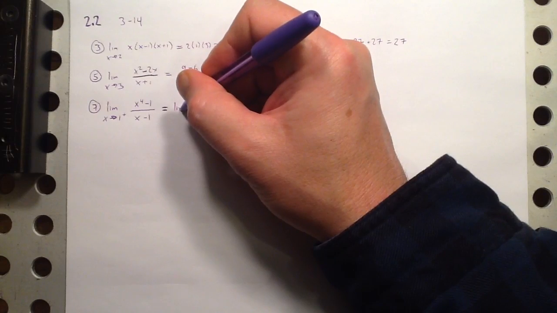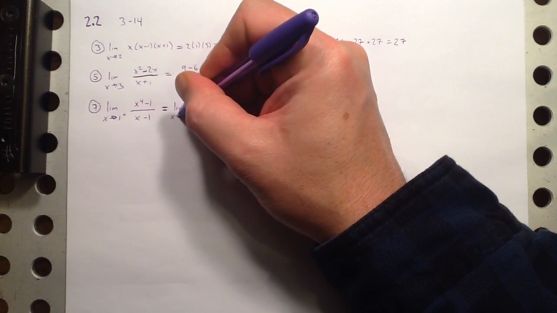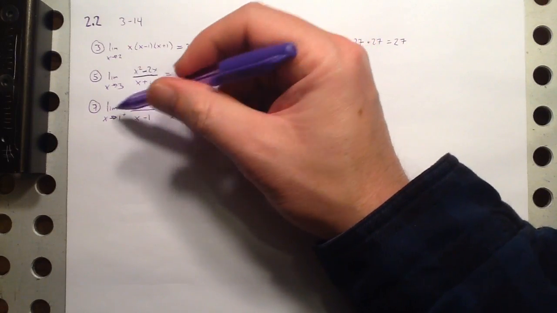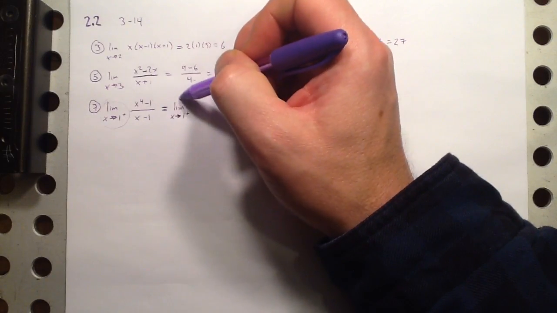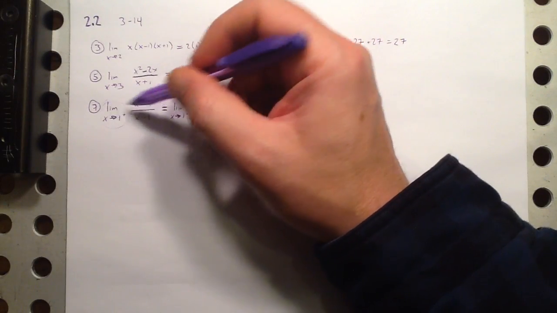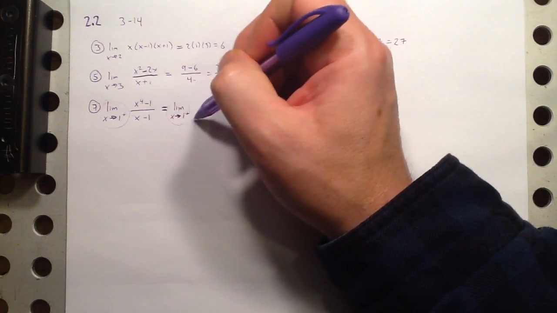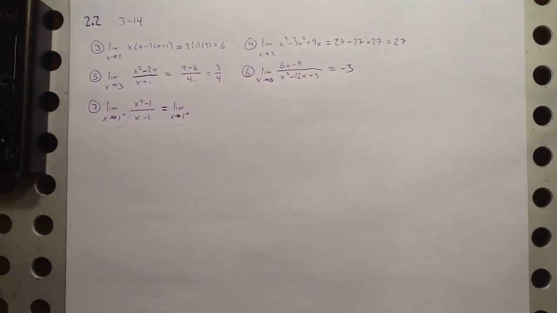I'm going to emphasize and insist, maybe to your great displeasure, that when you're writing out the work for these, you need to include the limit at every step. If you write the limit as x approaches 1 from above of this, and then in the next step you write just this without the limit, that's incorrect.